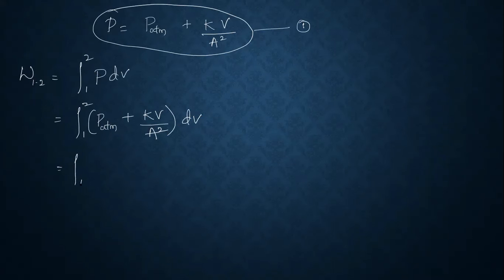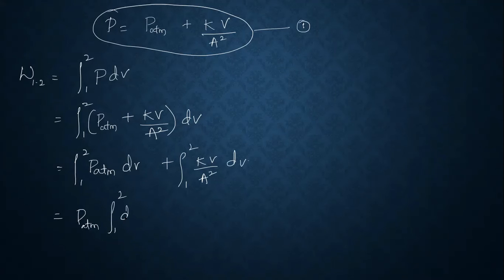That means separating it, integral 1 to 2 of P atmosphere into dV plus integral 1 to 2 of kV by A square into dV. P atmosphere I can take outside and the integration becomes 1 to 2 dV. K by A square I can take out, as area is constant and stiffness is constant, leaving integral 1 to 2 of V dV.